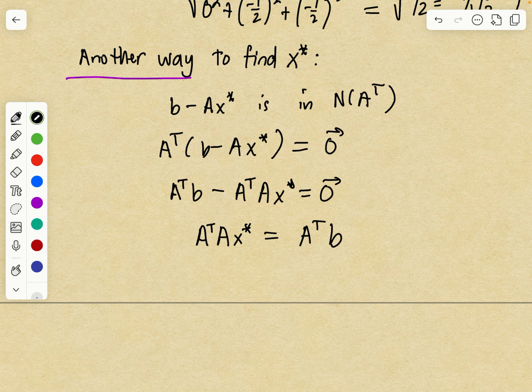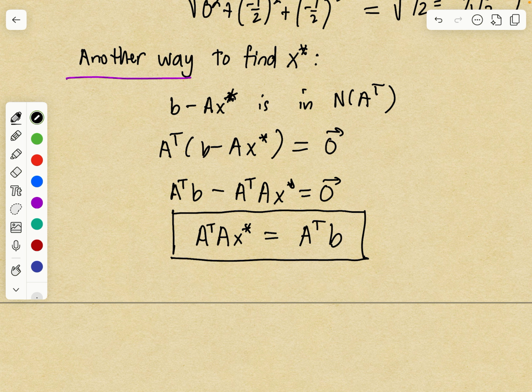And if x star satisfies this equation, then B minus A x star will be in the null space of A transpose. So it will be orthogonal to the column space of A. And that means that A x star will be in the, hold on, let me think about this.